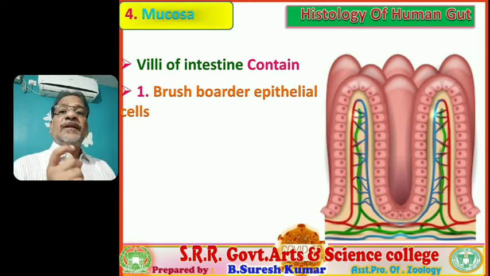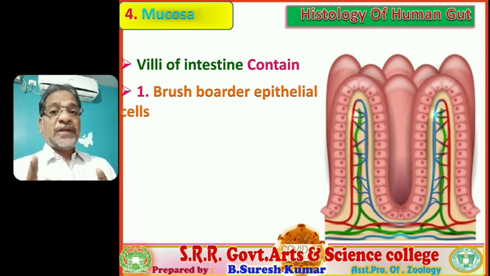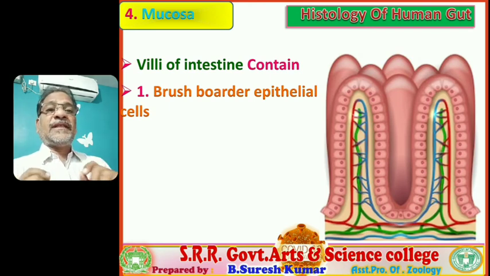So the brush border epithelial cells secrete brush border enzymes which are involved in digestion. Remember, the brush border epithelial cells are nothing but the plasma membrane of epithelial cells giving rise to numerous microscopic projections by which they attain a brush border surface.